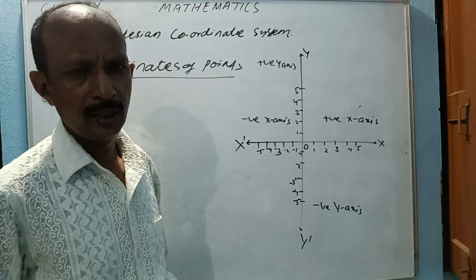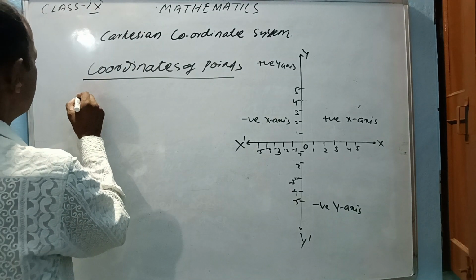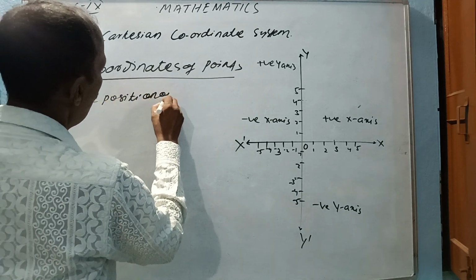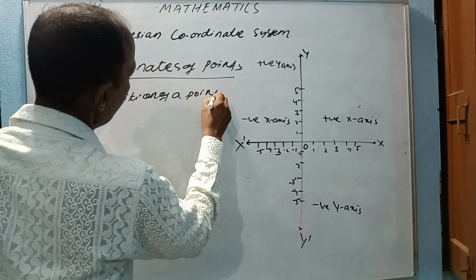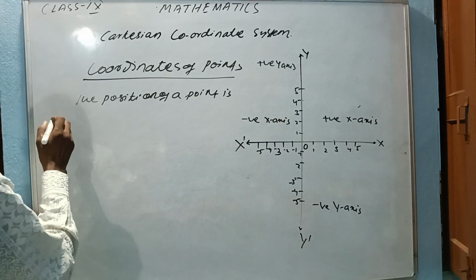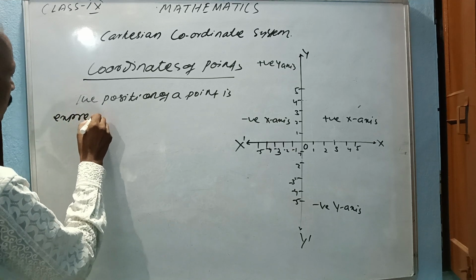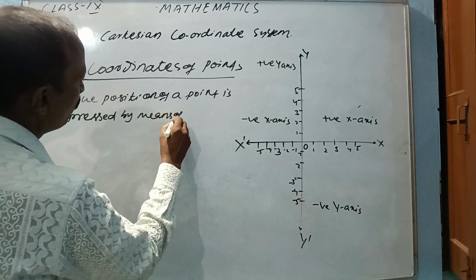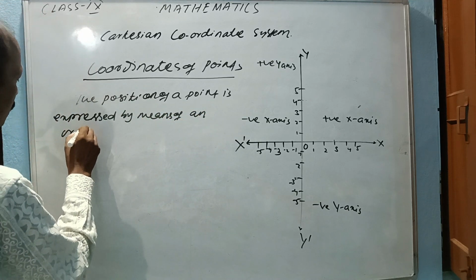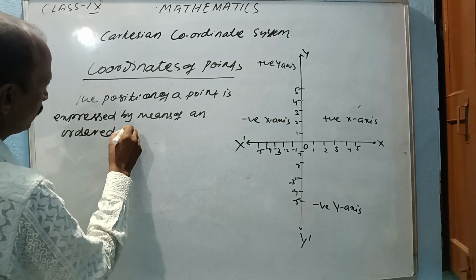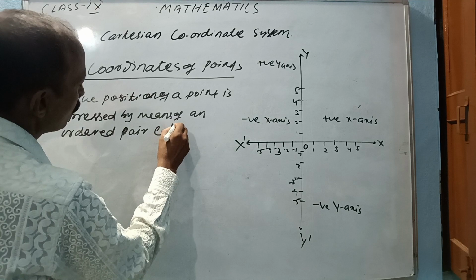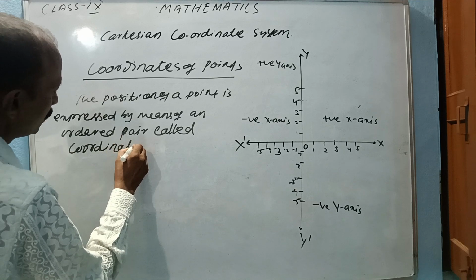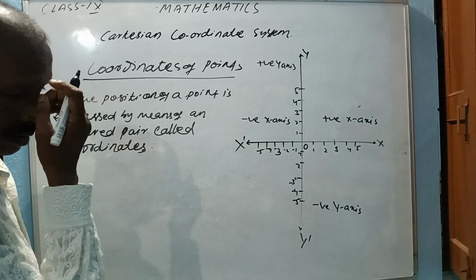That means the position of a point is expressed by means of an ordered pair called coordinates. Let us see.